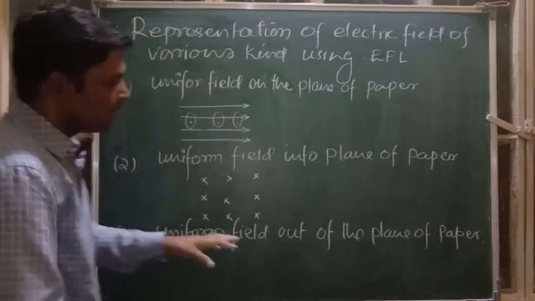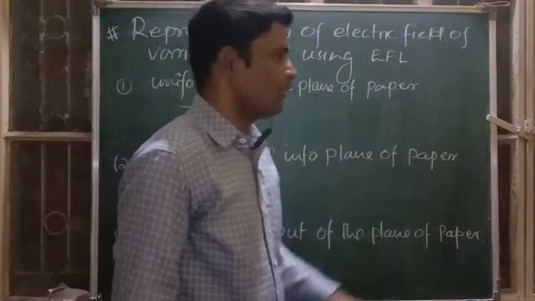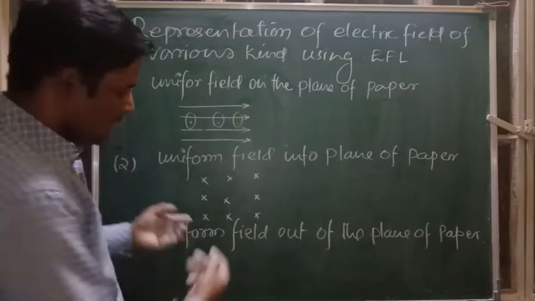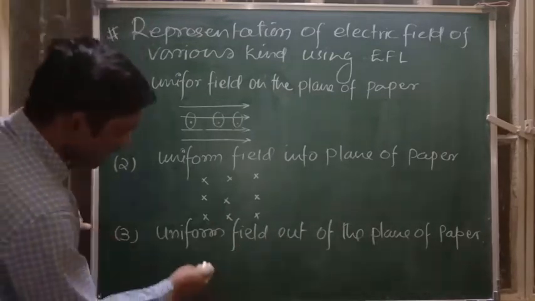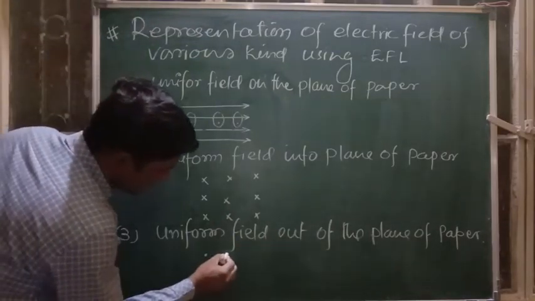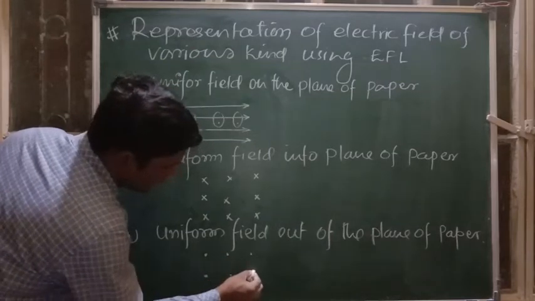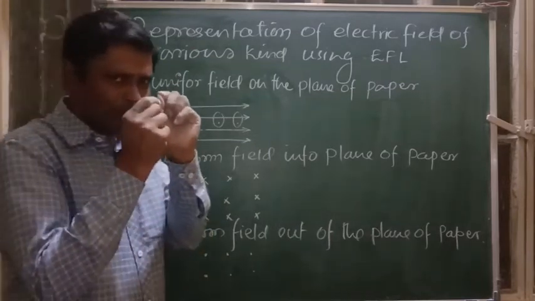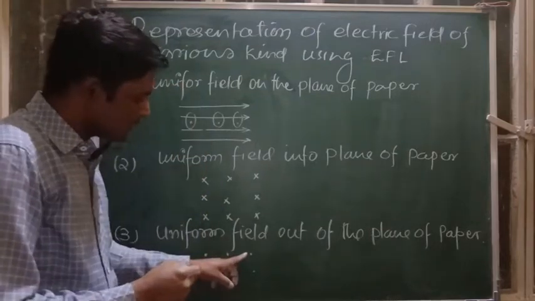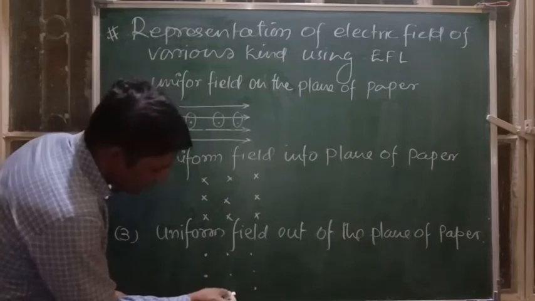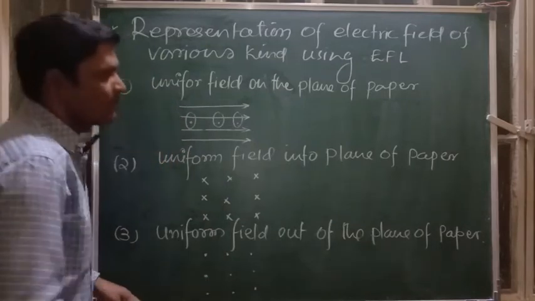And uniform field out of the plane of paper, the lines are coming out, that means the arrow is coming out of the plane of paper, so it can be represented by using equidistant points. These are the tips of the arrow, but to represent it as uniform, they must be equidistant from each other.